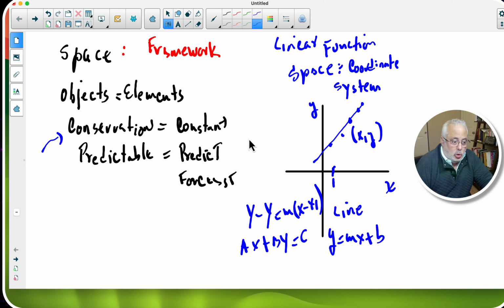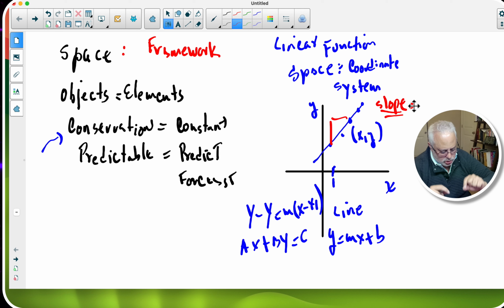What else is conservation? The slope of that line. The rise over run that we use to find the slope is also something constant in linear functions, and it's constant because the slope is a number.